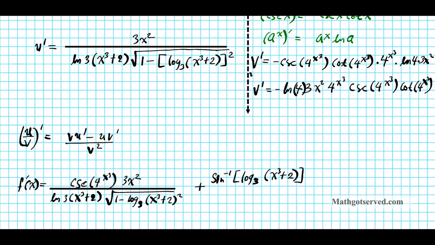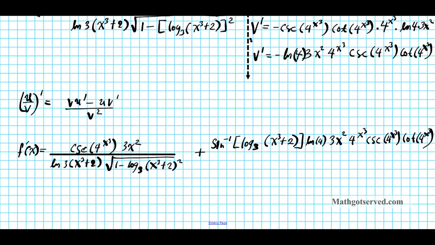So it's going to be the natural logarithm of 4, ln 4 times 3x to the second power, 4 to the x to the third, cosecant 4 to the x to the third, cotangent 4 to the x to the third. Okay? All right, so this is v u prime minus u v prime, and then that entire expression will be divided by v squared.